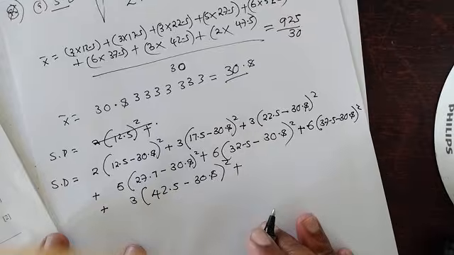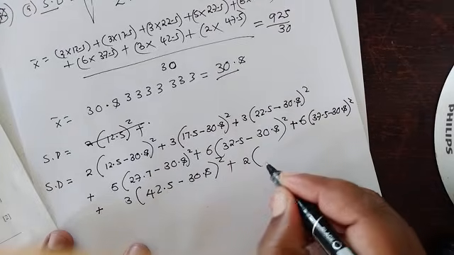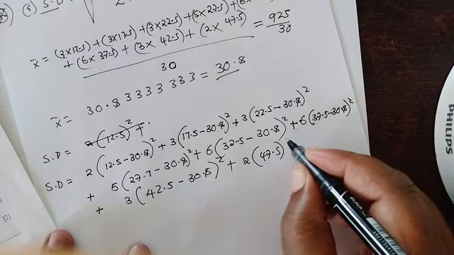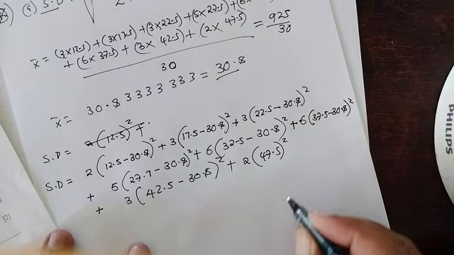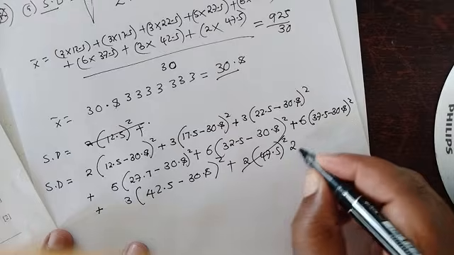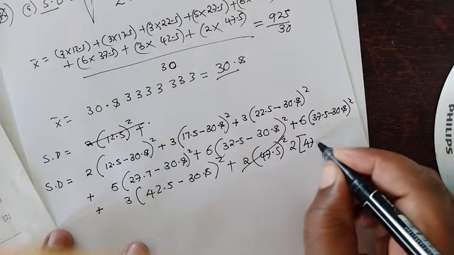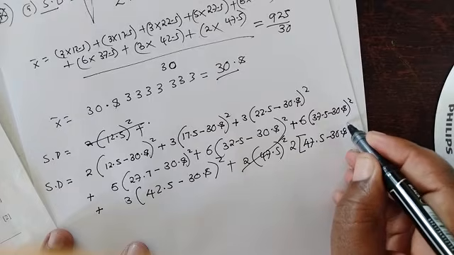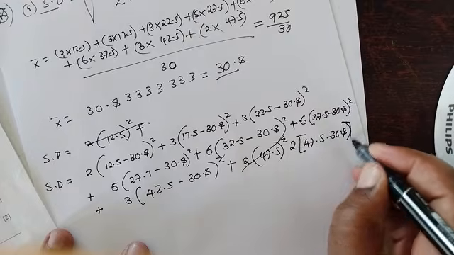Plus 2, open the bracket, 47.5 squared. Here's 2, open bracket, 47.5 minus 30.80. Here you can close, squared.